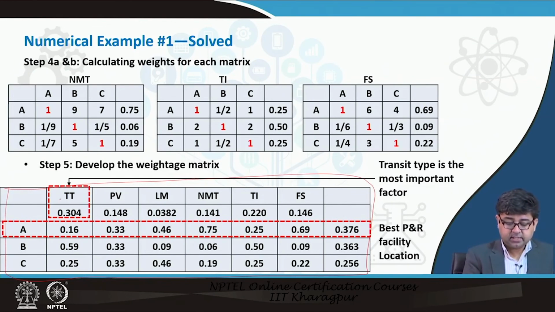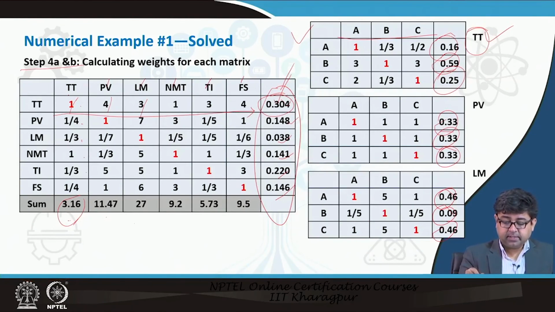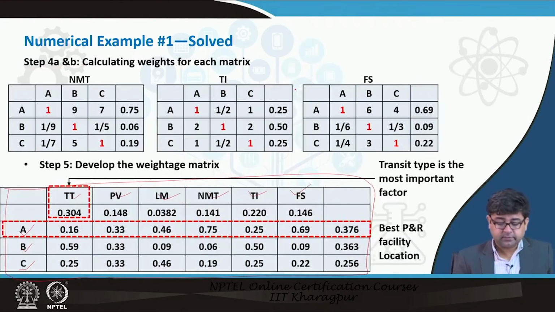What this has is all the criteria as columns, alternatives as rows, and this 0.304. Where did we get this 0.304 from? Right from here, because that is for the travel time criteria, that is the normalized weighted average, if you may call that.